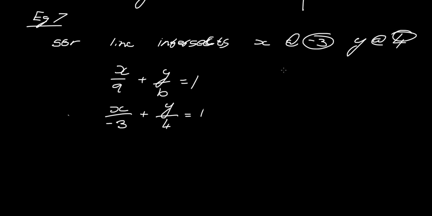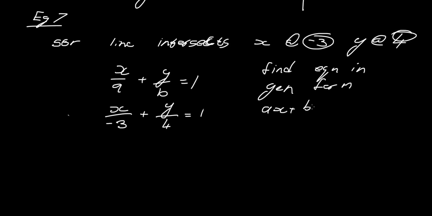Then they say find the equation in general form. Next we need to get into general form, which is ax plus by plus c equals 0. Let me just double check that. Yes, ax plus by plus c equals 0.